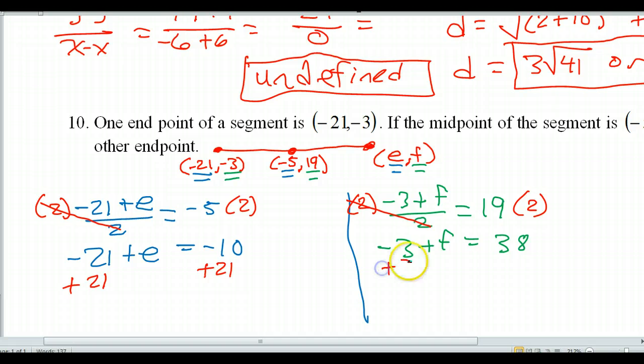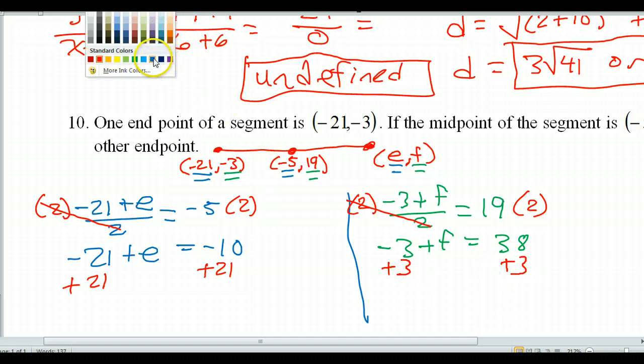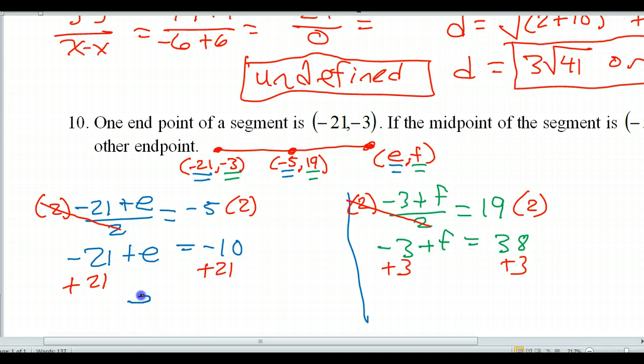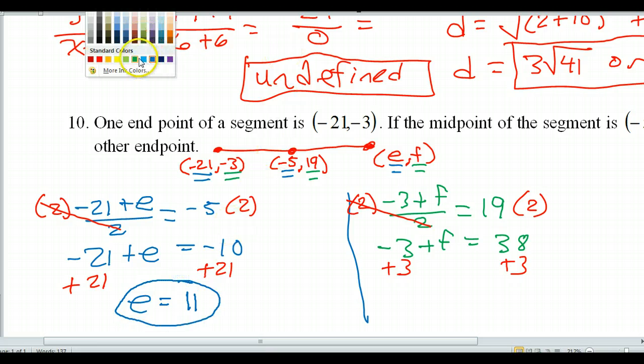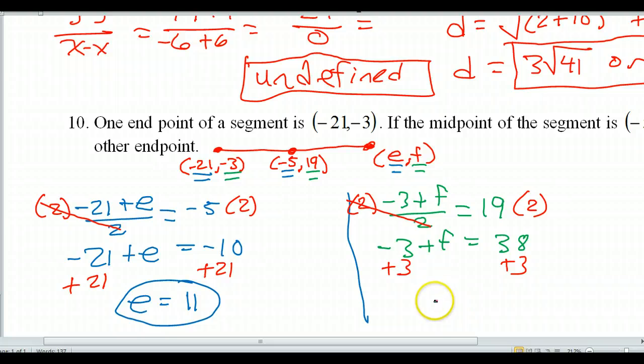And to get f by itself, I'm going to add 3 to both sides. So that's going to give me e is equal to 11. That's one value that I need. And over here, this is going to give me f is equal to 41.